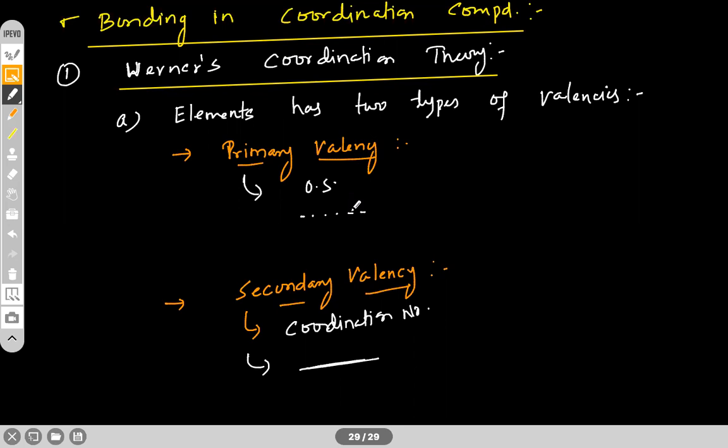Next point. Secondary valencies are directional. I did not give you this point there. Okay, fine, write it down. This is directional. You have to place this in a fixed direction, with a fixed angle. Secondary valencies are directional. Primary valency is non-directional.